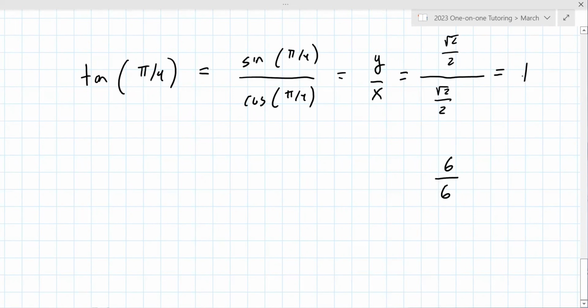Okay, let's go back to just doing some basic ones here. Let's do the cosine squared of 0 minus the cosine squared of 30 degrees.